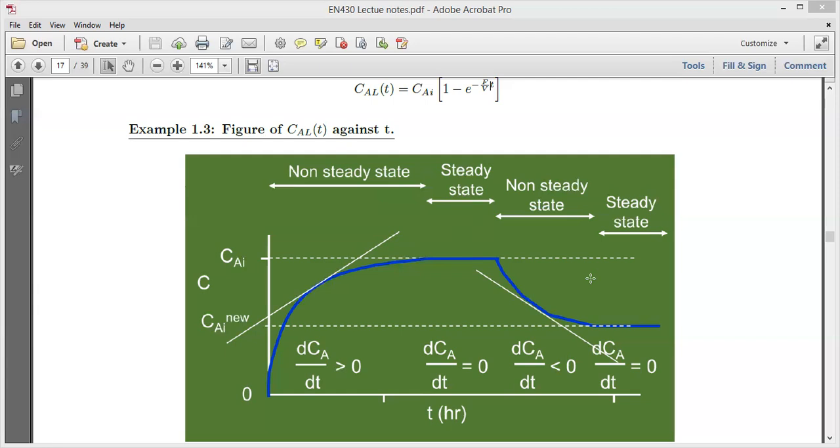First, I'm trying to differentiate steady state from non-steady state. When we have steady state flow, there's uniform distribution of concentration within the tank itself.